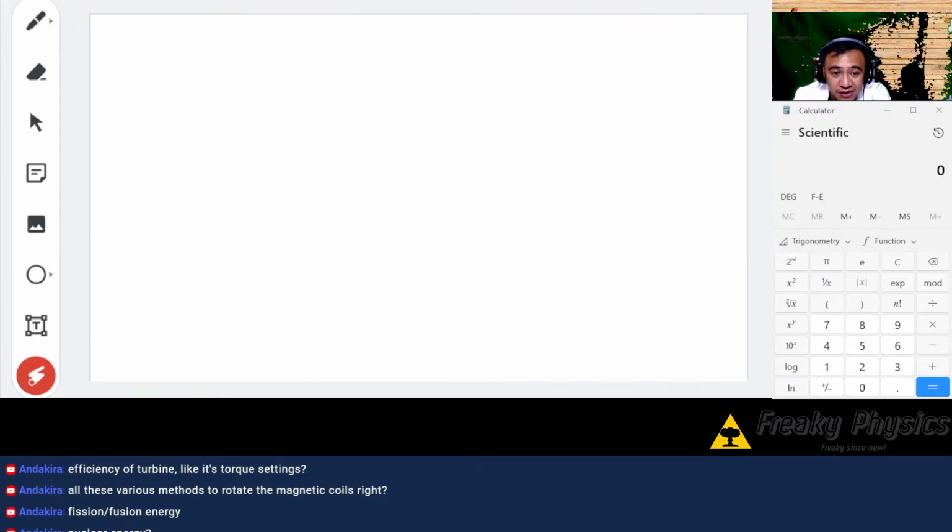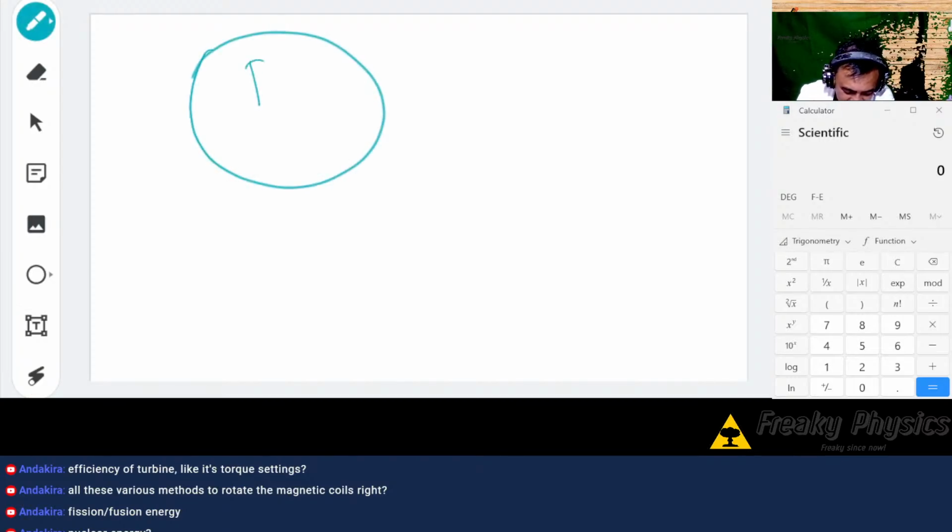Efficiency is just how much energy you can get out of it compared to how much you put in. So if you put in 100 joules of energy, let's say 100 joules of energy in the steam, and then out comes 80 joules of energy in the generator, the efficiency is 80%. So again, let's say this is the whole process.